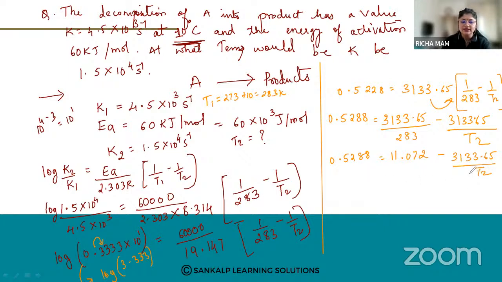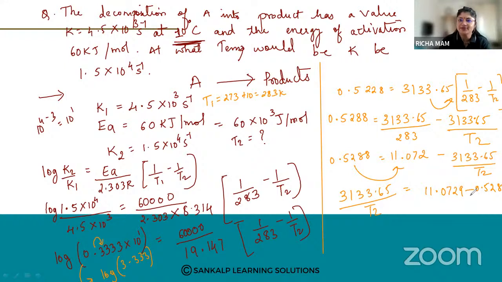Now this term I'll shift to this side, so 3133.65 divided by T2 is equal to 11.0729 minus 0.5228.